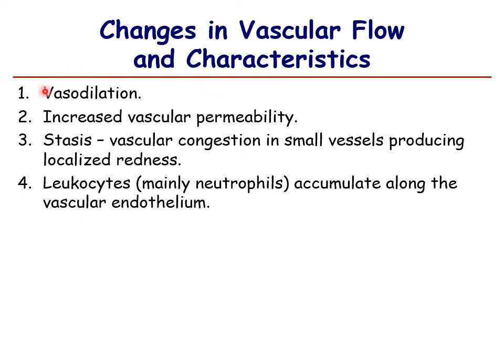It involves vasodilation and increased vascular permeability, and then a phenomenon called stasis and leukocyte accumulation along the vascular endothelium. These are the main characteristics that occur during acute inflammation, and we're going to take a look at the mechanism of each of these.